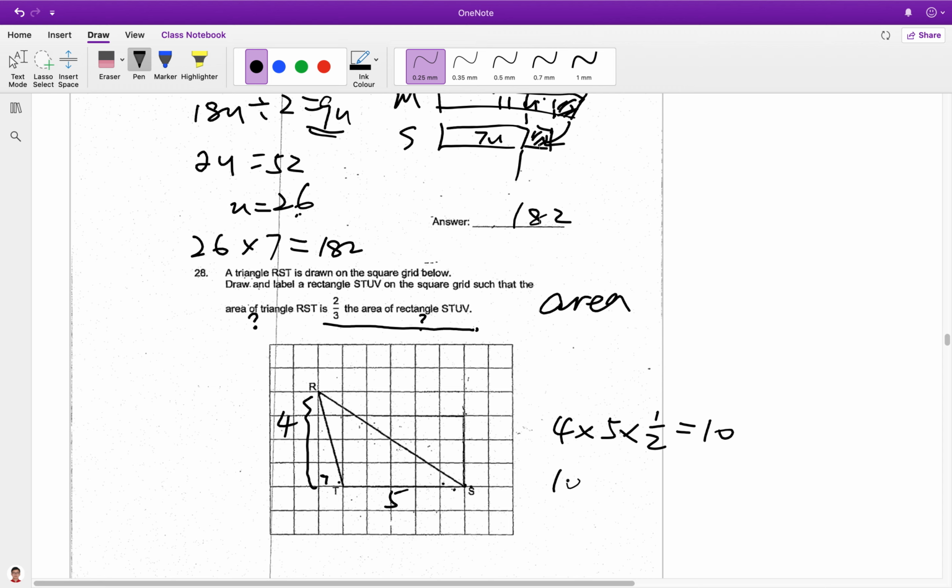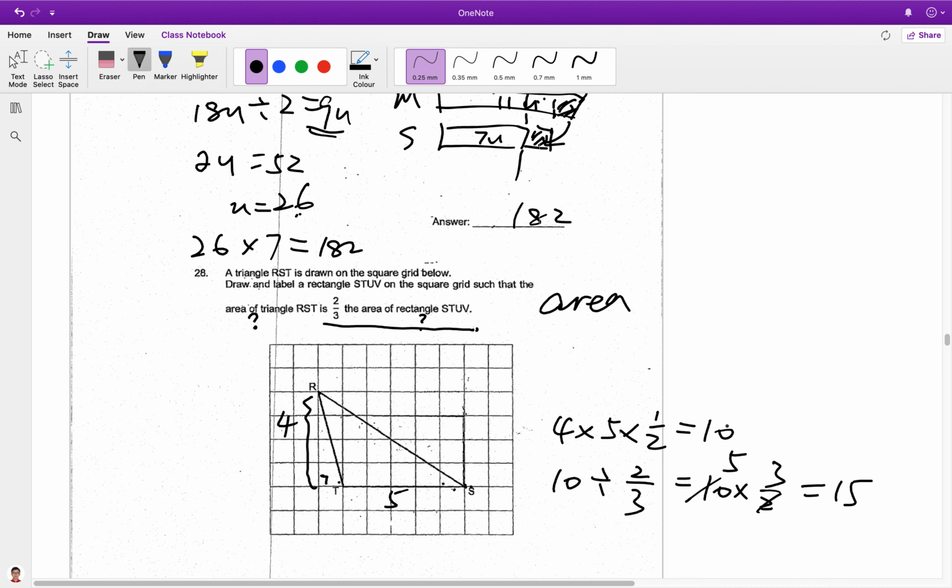So here you say the triangle is 2/3 of the rectangle. So this one divided by 2/3 will be equal to this one, right? So it equals 10 times 3/2. So the area of the rectangle should be 15, right? We know that the rectangle has base ST, but we need to calculate what the height is.